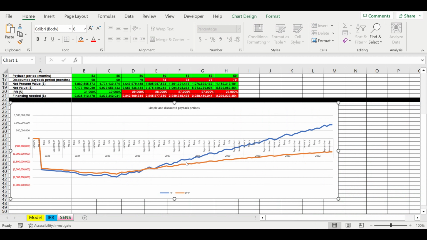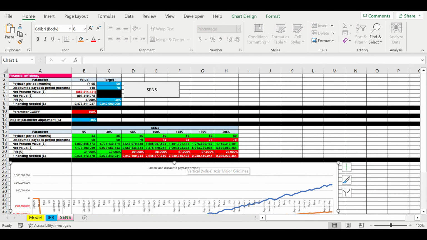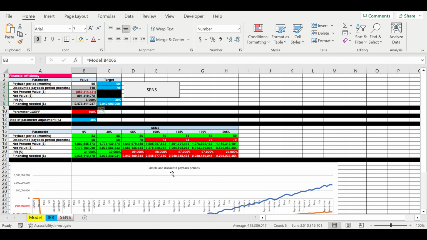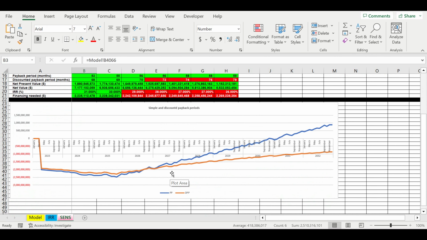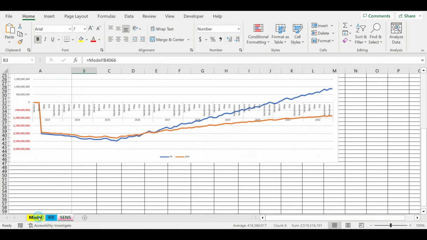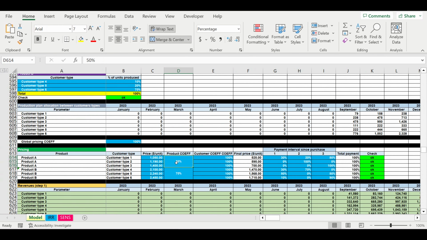I'm just showing you the diagram, and here you can see the simple discounted payback period, the amount of financing needed, and so on. So this is the story about the pricing.